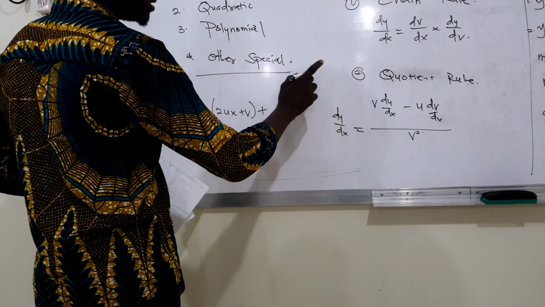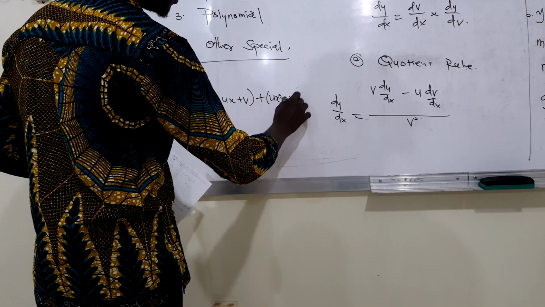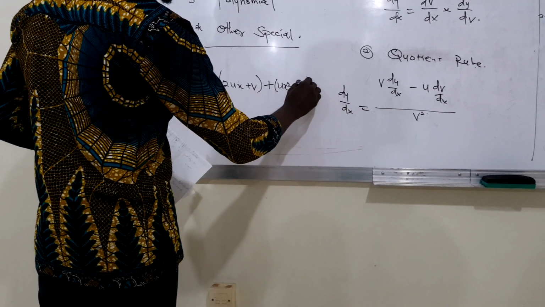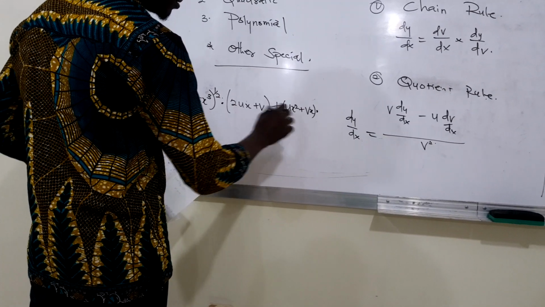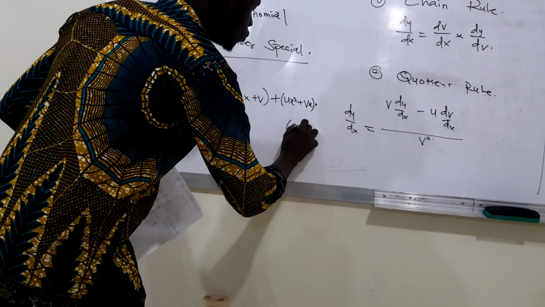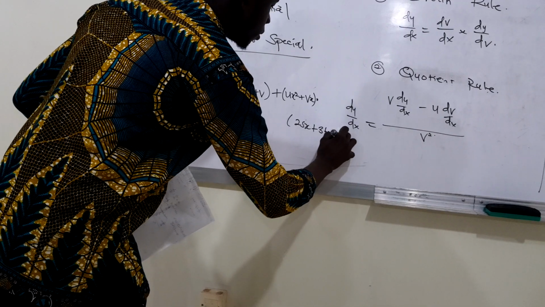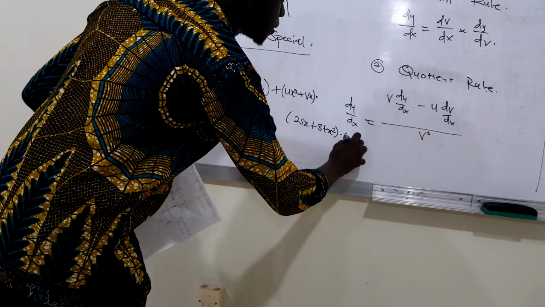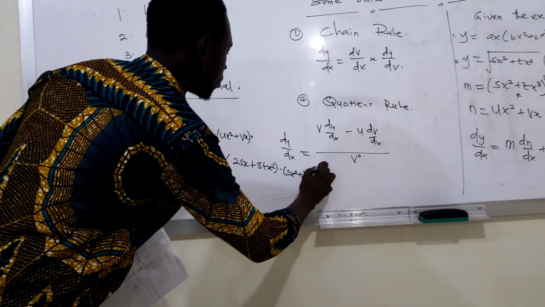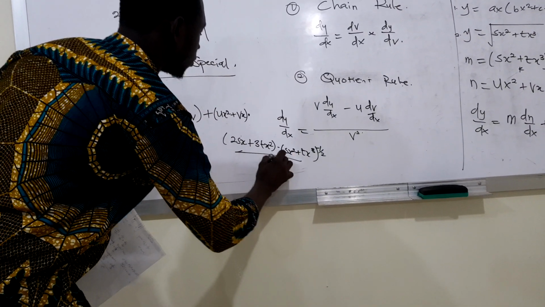Then plus our n, which was given to us as ux squared plus vx, multiplied by dm dx, and our dm dx is simply 2sx plus 3tx squared multiplied by sx squared plus tx cubed, exponent negative 1 on 2, all divided by 2.